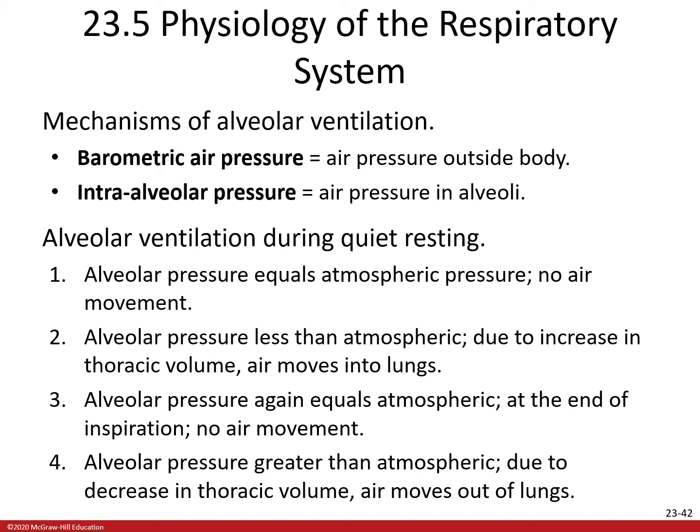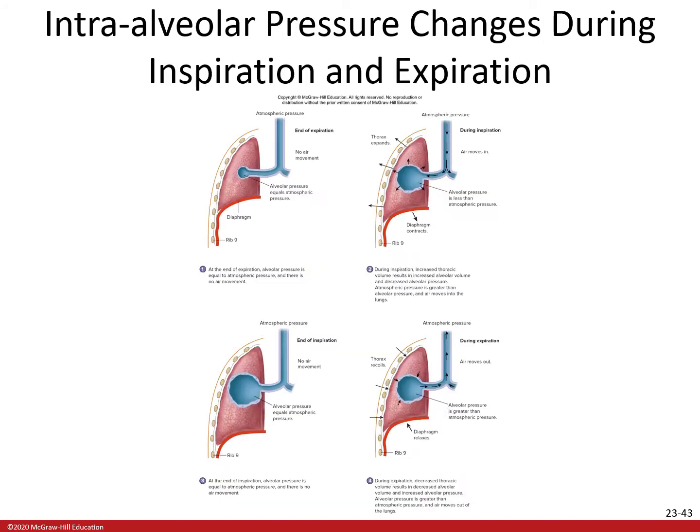So moving into those steps, we have the alveolar ventilation during quiet resting and kind of that whole process there. Now, I am not going to go over this completely, but do make a little note that we are talking about alveolar ventilation when you are in a resting state. On the next slide, it does have these 4 steps illustrated, so we're going to move on to that instead of going through it on this slide.